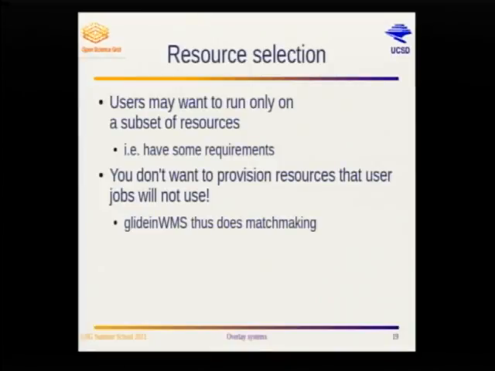So, of course, as with any Condor pool, you want to have resource selection, right? Sometimes you are happy to run pretty much everywhere. You have a sleep job, great, that will run on any Unix machine, but it will not run on a Windows machine, for example. You may have specialized libraries that only work on a very specific version of Linux.